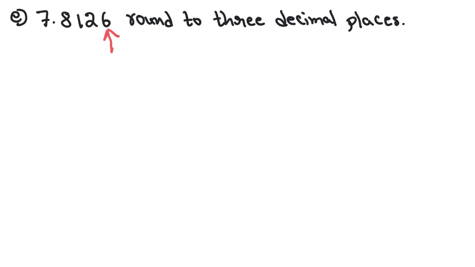In this case, it is 6. 6 is more than 5. So what we do is give one value to the previous digit. It will become 3. So the new number is 7.813. So 7.8126 rounded to 3 decimal places is 7.813.